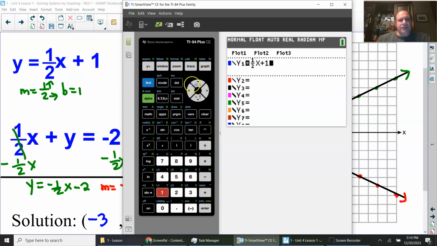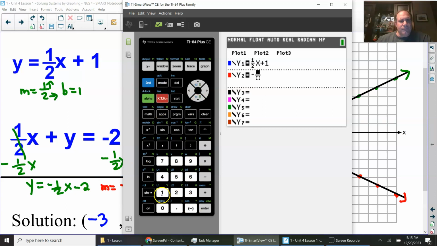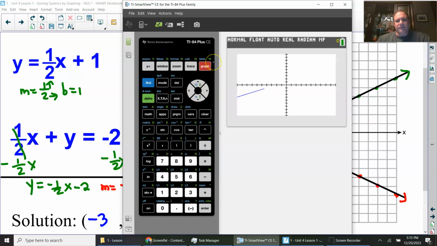Then I'm going to go down and graph this second line, which is negative 1/2 x minus 2. All right, I'm going to press graph. And you can see that whatever I have graphed right now is the same thing that's on my coordinate grid.